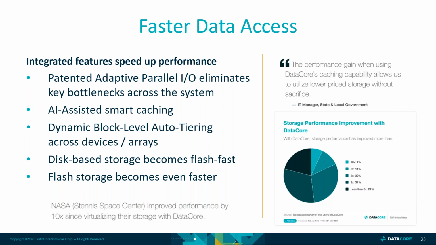And the caching engine, where we use DRAM instead of just a flash layer, gives us much faster, lower latency access. So performance gains are quite significant. You've seen here 10x, 7% of these folks actually saw 10x improvement just by putting DataCore software in front of their existing equipment.